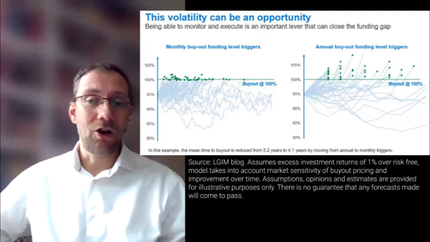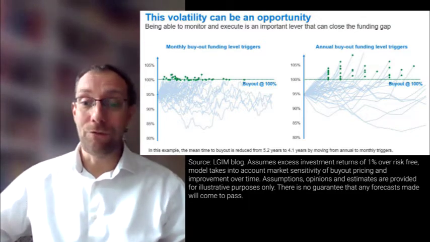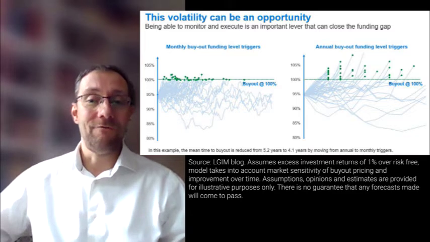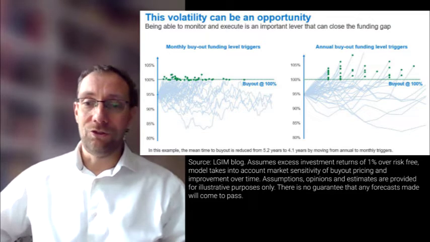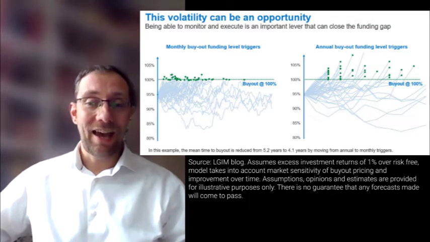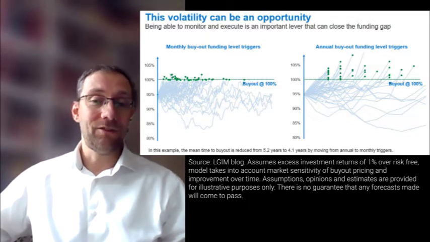And that's a much larger impact than just the necessary outperformance of the assets over time in relation to the buyout funding level.